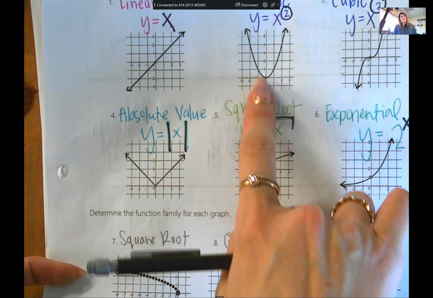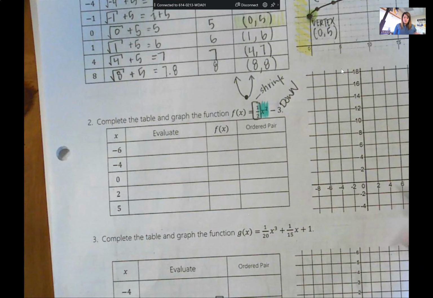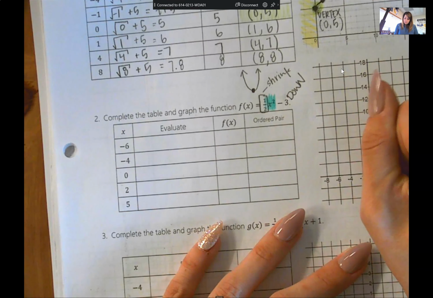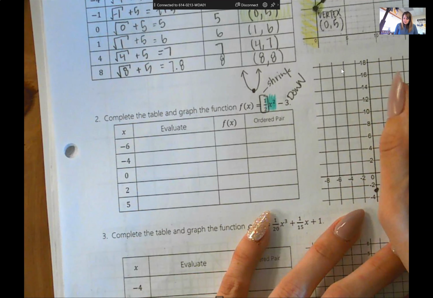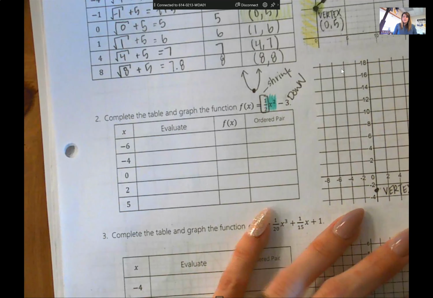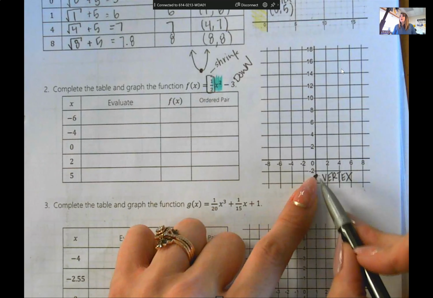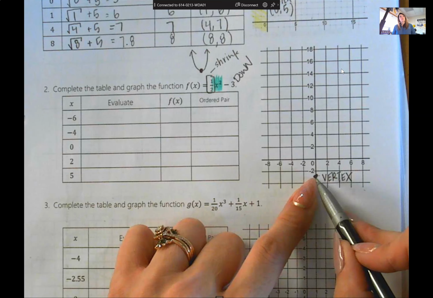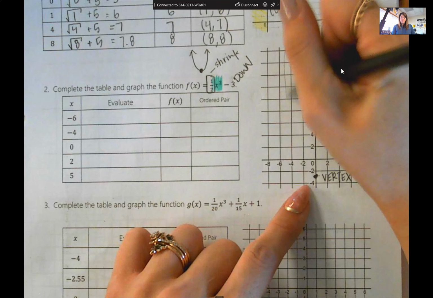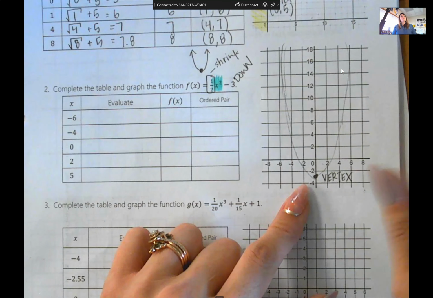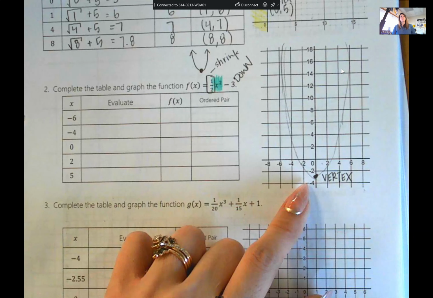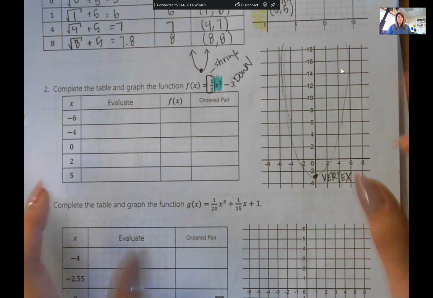It's been moved down by 3. I can plot that point first and write vertex next to it. Now I know that's going to be the bottom of my parabola. By the time I'm done, I'm going to have something that looks like this.